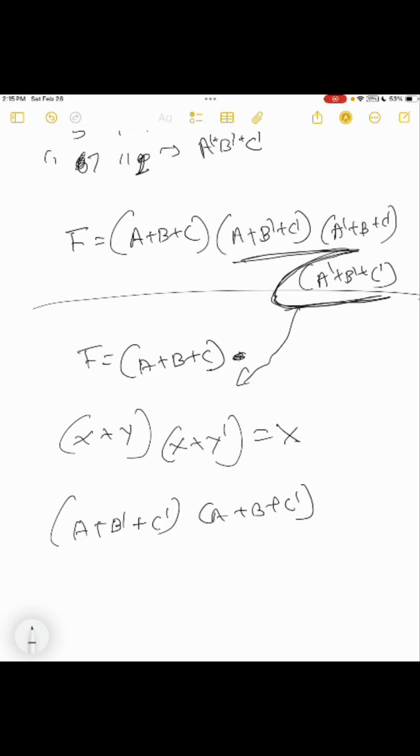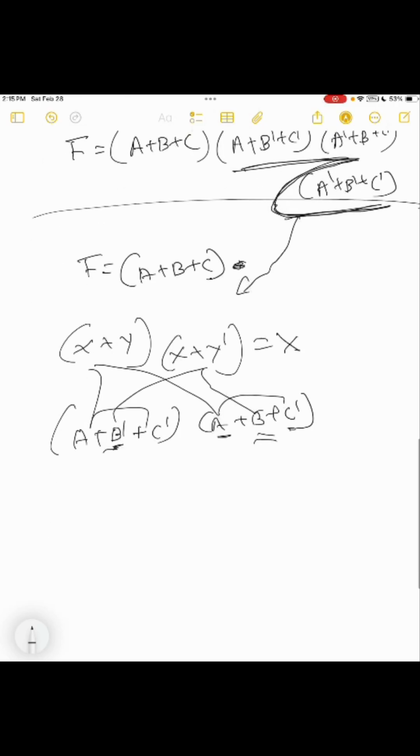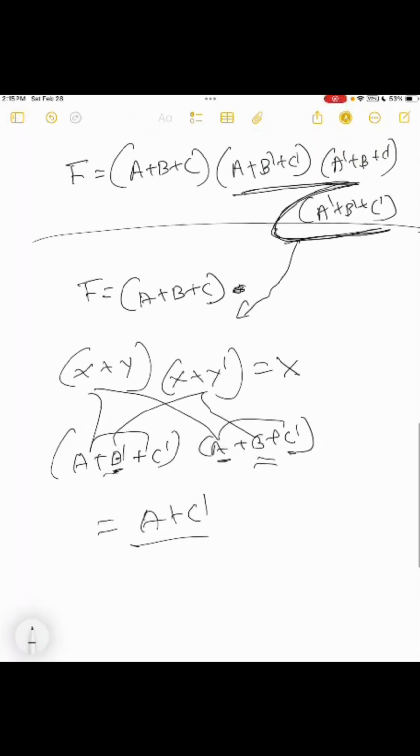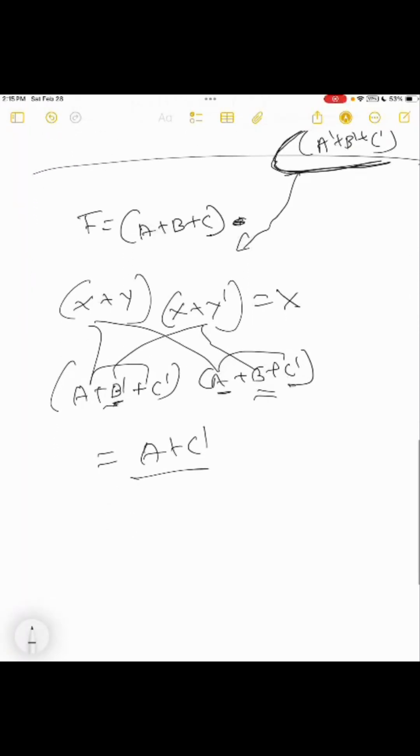If A plus C dash is one term x, and B dash and B are the y terms, you can just directly drop B, and the answer will be A plus C dash. So A plus C dash, and we are left with A dash plus B dash plus C dash.